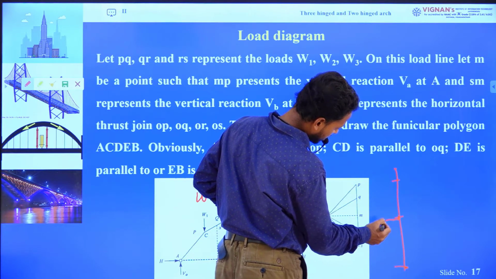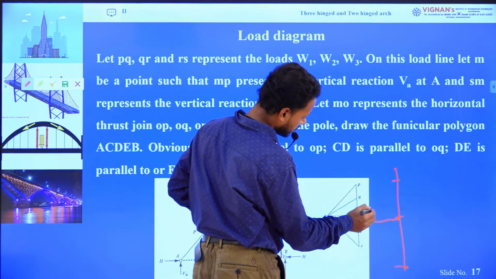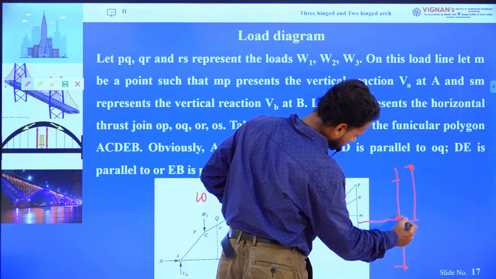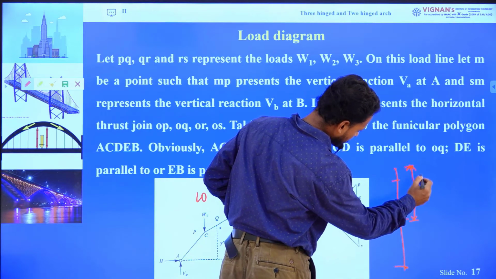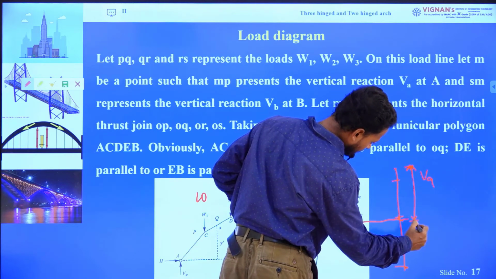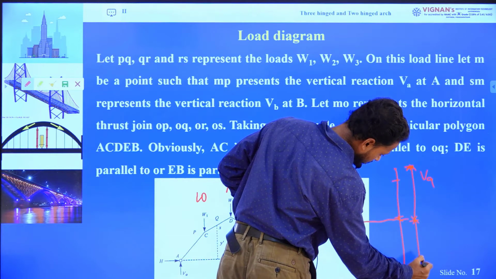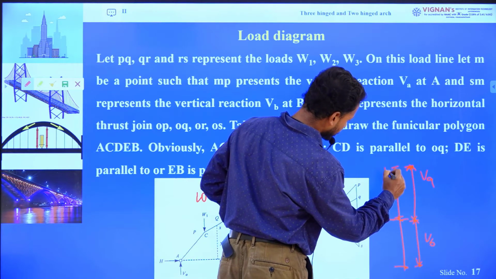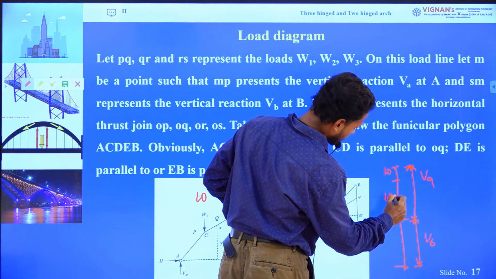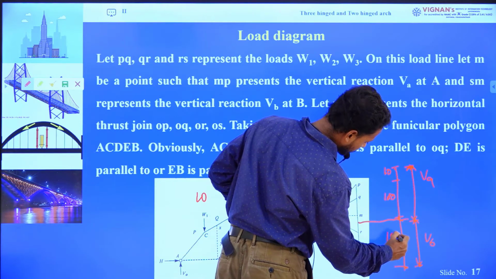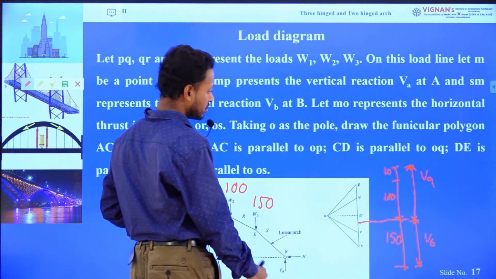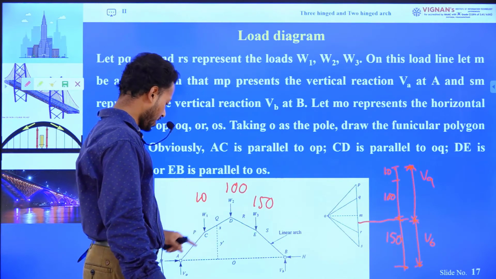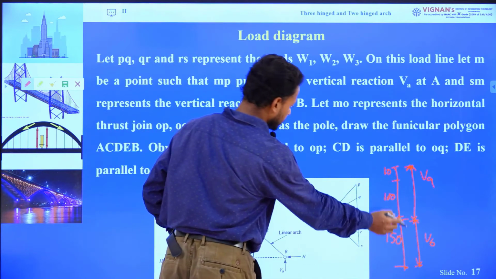In this position, this will be your VA, and this will be your VB. So you have drawn W1, W2, W3 and VA, VB.